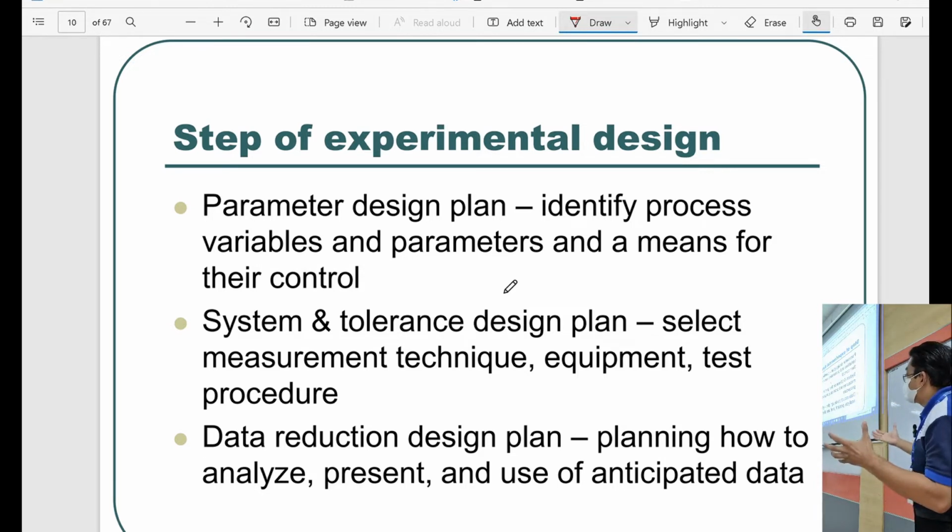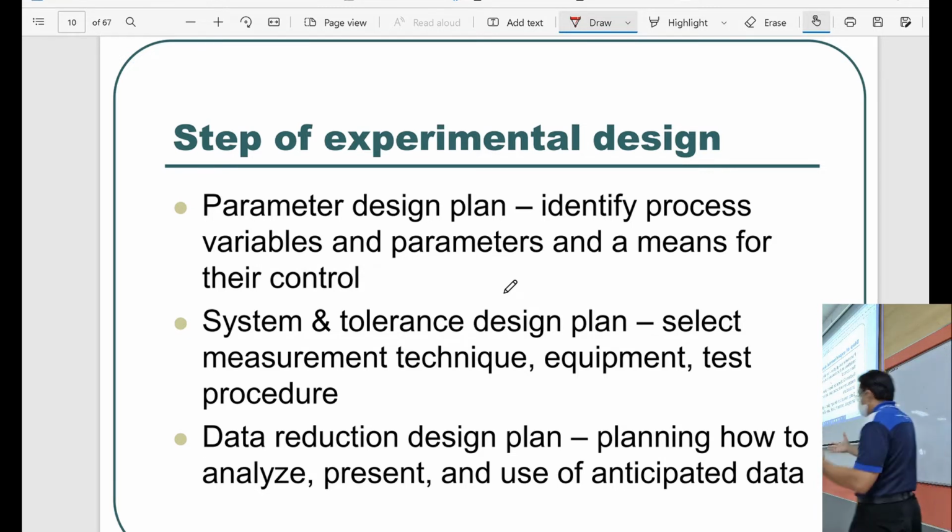Then we select the measurement technique, how we can measure all these variables. The last one is how we can do data reduction, for the display. How can we post-process the data? We collect a lot of data, so do we store all the data, or only the important information? We choose which one.